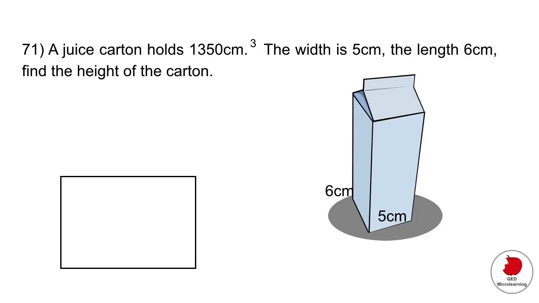All right, so the next question says, the juice carton holds 1,350 cubic centimeters. The width is 5 centimeters, the length 6 centimeters. Find the height of the carton.